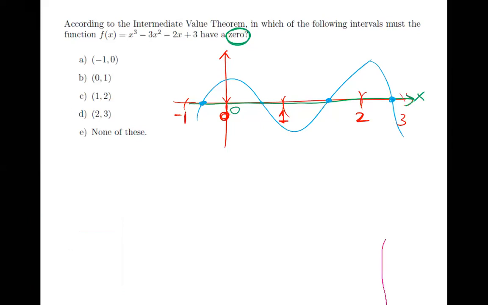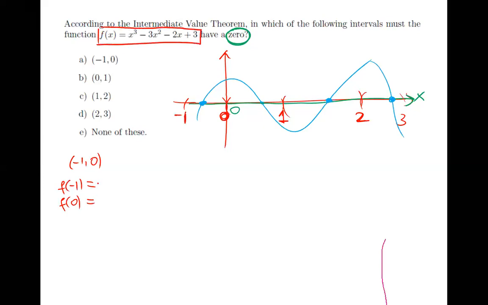Since the function is a continuous function, let me take the first interval from -1 to 0. I will get the value of the function at -1, and I will find the value of the function at 0. Okay, let's substitute -1. Now you have to watch my arithmetic because I will be substituting the numbers.